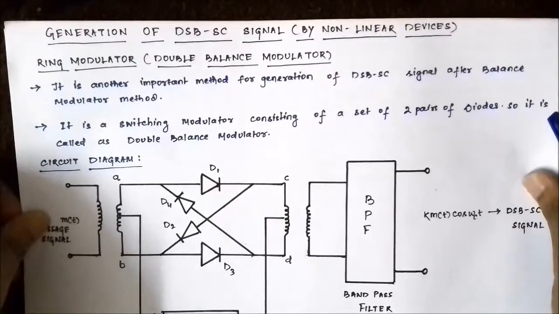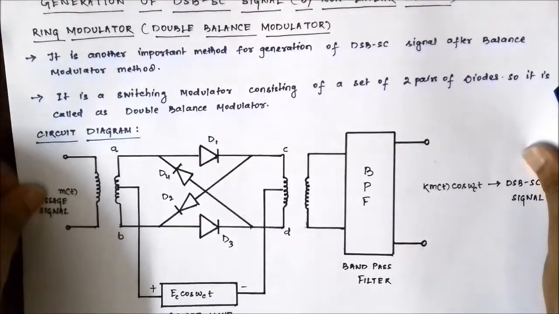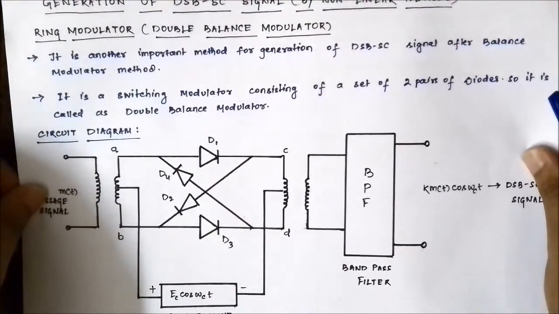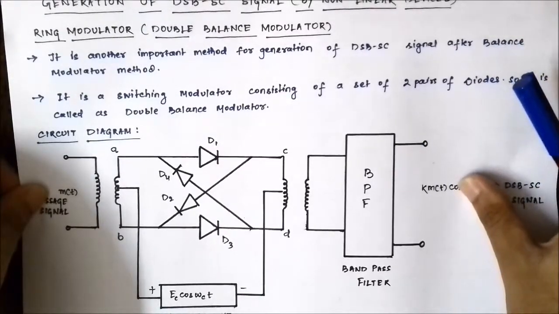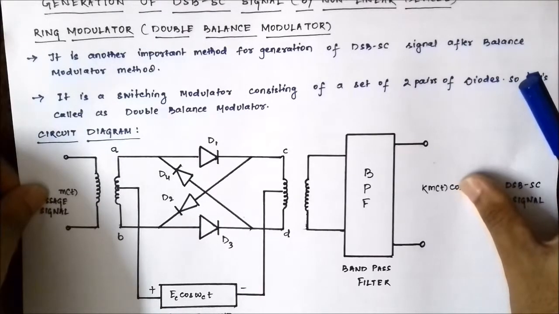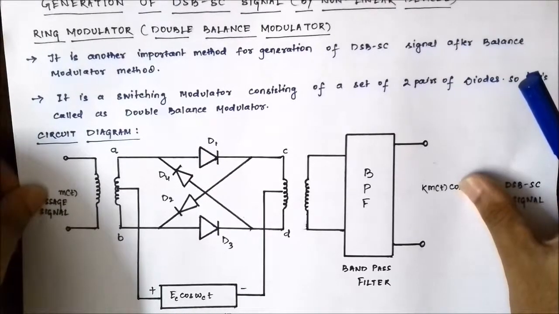So this is the circuit diagram for a ring modulator or a double balance modulator. As you can see, two transformers, 4 diodes and a band pass filter.